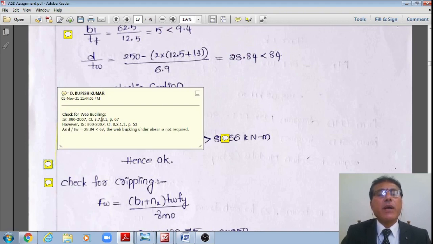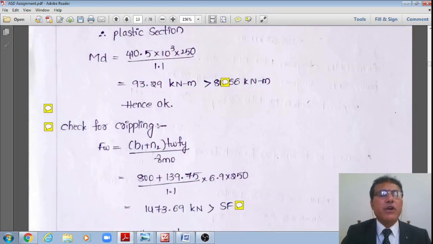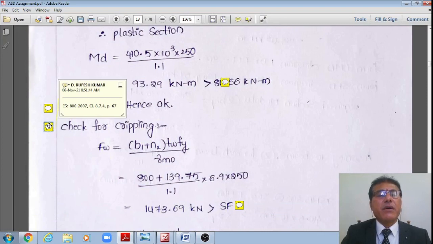However, if at all it is required, you should do it as per clause 8.7.3.1, page number 67. I will illustrate that in the next problem if it is required. Now, the last check is a check for web crippling as per clause 8.7.4, page number 67.